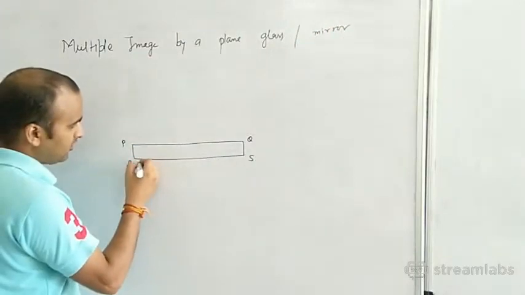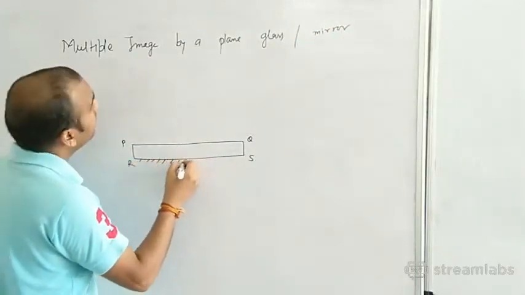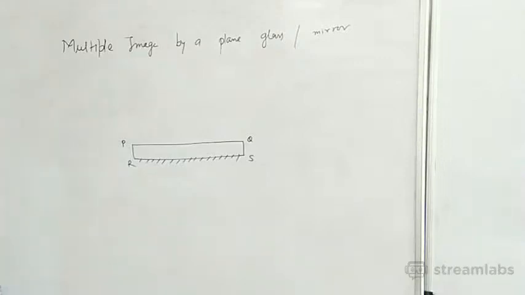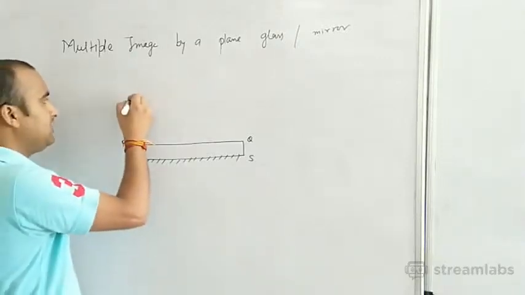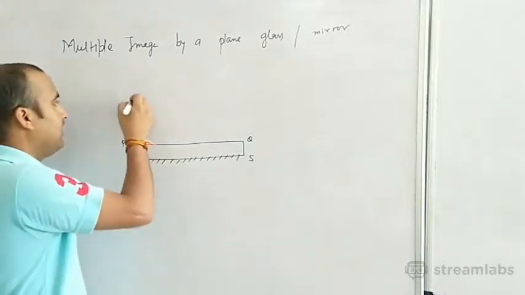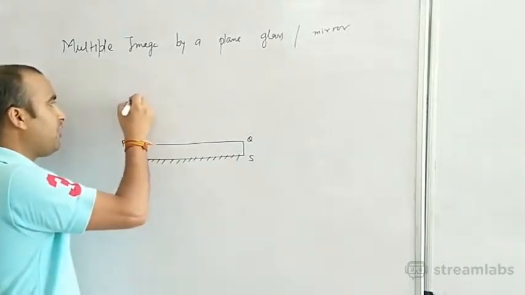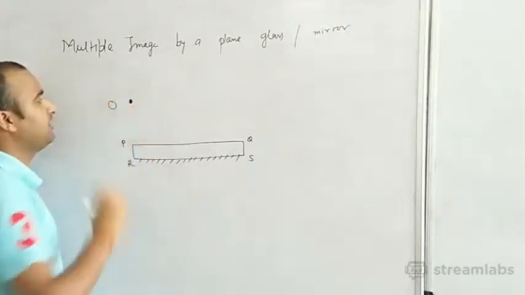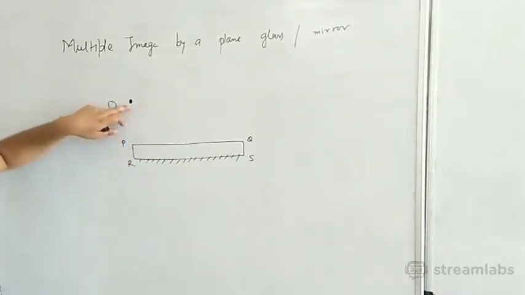The lower surface of this plane glass will be silver polished. And suppose an object is placed here, this is the object point, suppose this is point O, a light source placed at this point.